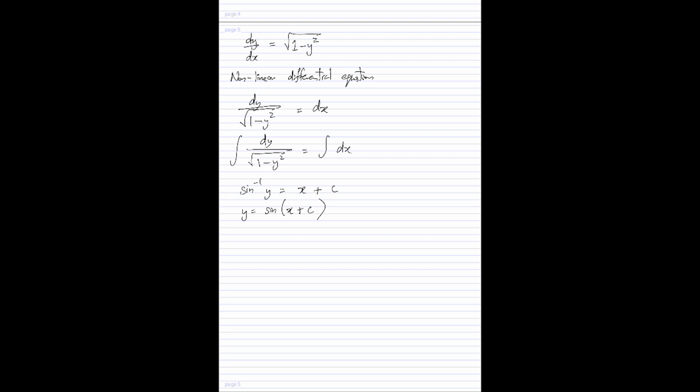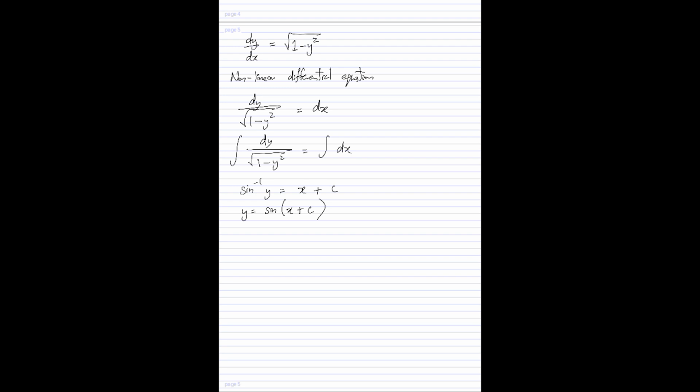Okay, so the subtlety over here is that, given that this is a non-linear differential equation, not all solutions will be of this form. If you had a linear first order differential equation, then you would be guaranteed that the solution you have found that contains one constant, all possible solutions of that differential equation can be generated from that general solution. But this is not the case for the non-linear differential equation.